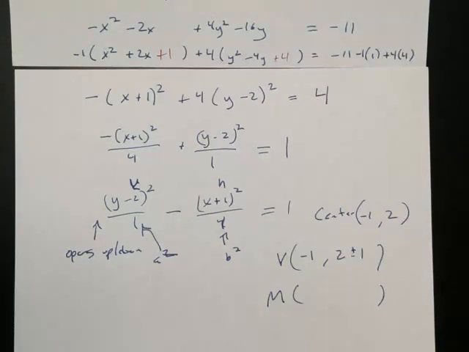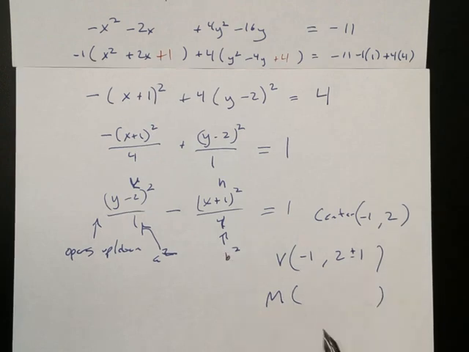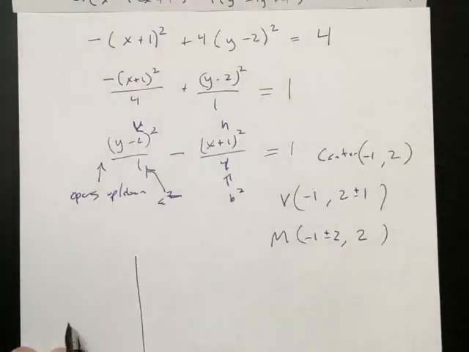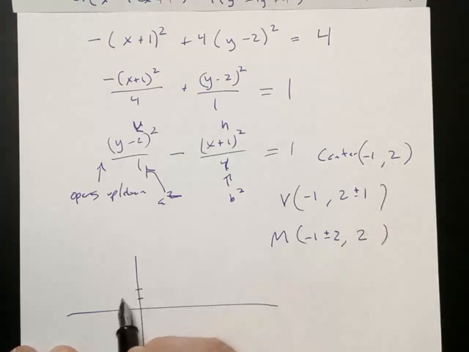Well, if vertices were up and down, then minor is left and right, which means I'm changing x. That's this one. Before I go any further, I'm going to draw the box. -1, 2, there's my center.